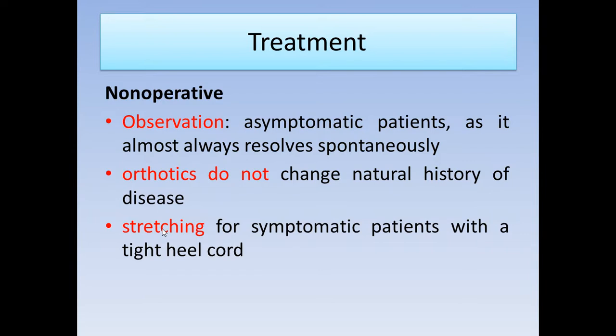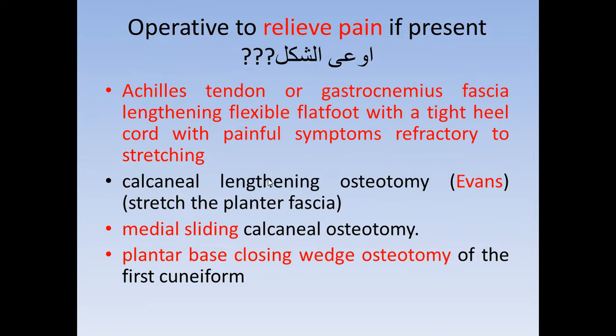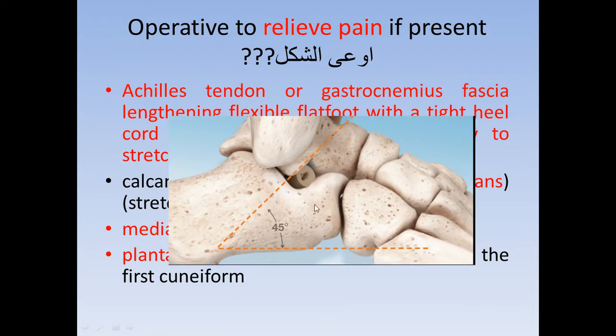This is sufficient for 99% of cases. Very rarely, you need something more. If the Achilles tendon is tight, you have to release it. But with the release, we can do something called arthroereisis.